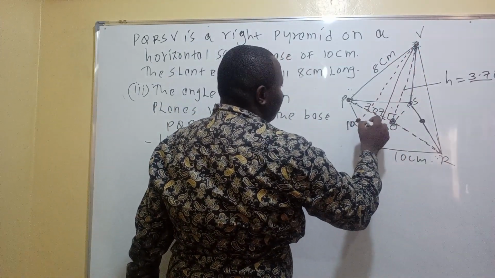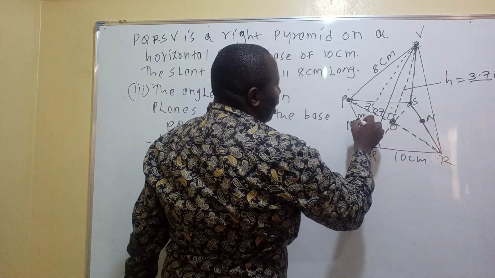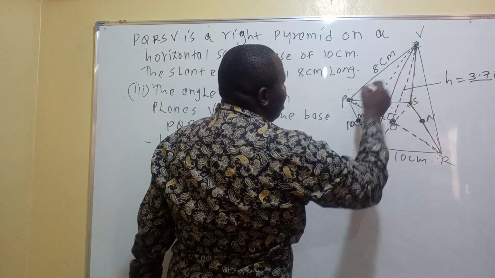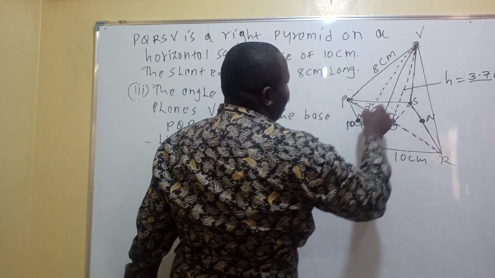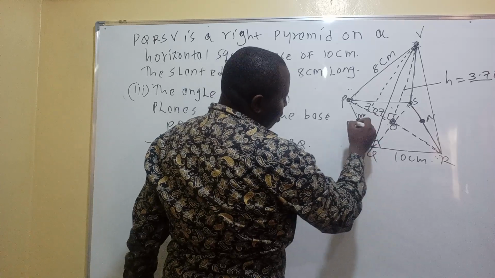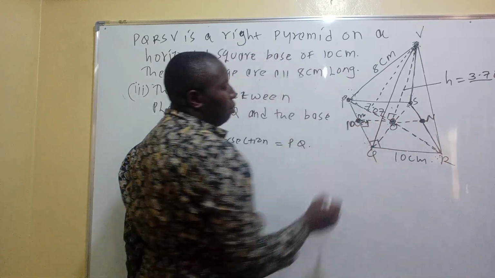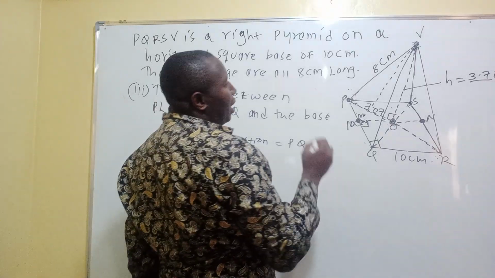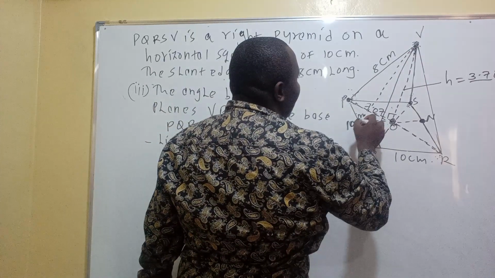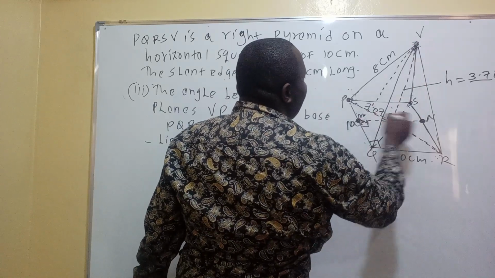Let's say this is point M, and this is point N. The plane VPQ makes this line at 90 degrees. Then this line on the base plane, at the same point, makes an angle of 90 degrees with PQ. So our required angle will be VMO, which is also VMN.